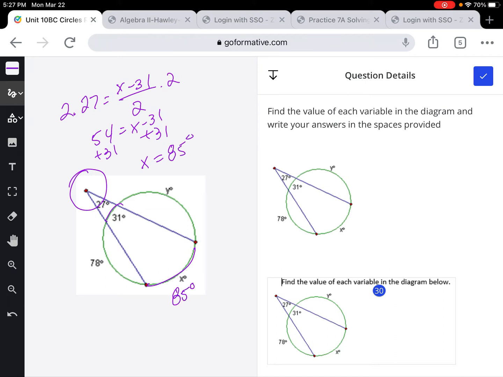Once I know that, I know y is going to be 360 minus 31 minus 78 minus 85, which is 173 degrees.